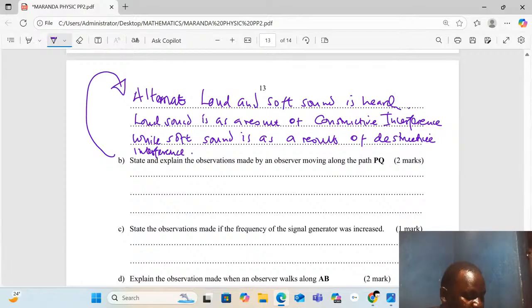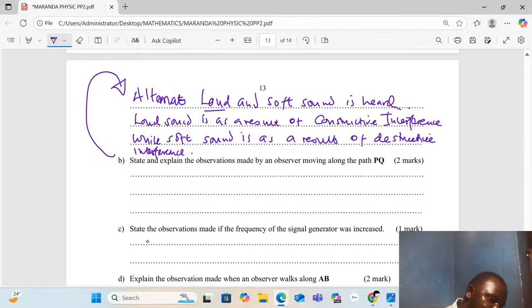State the observation made if the frequency of the generator is increased. If the signal generator frequency was increased, the distance or the intervals of the loud and the soft sound will be reduced.